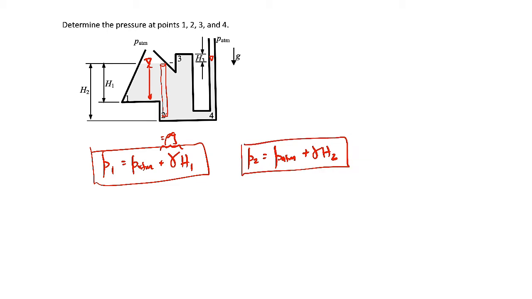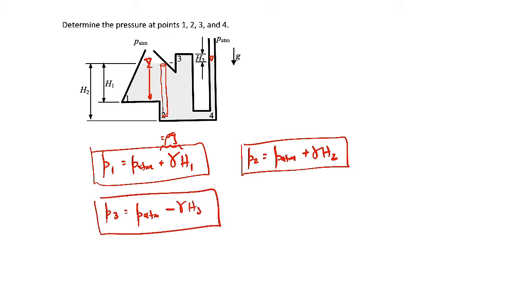Now let's do the pressure at 3. There, we're going to start with atmospheric pressure. Now point 3 is over here. If you look, point 3 is a little bit higher than the free surface. You can see that right here. So we're actually removing weight to get to point 3. So it'll be P atmosphere minus the specific weight times h3.